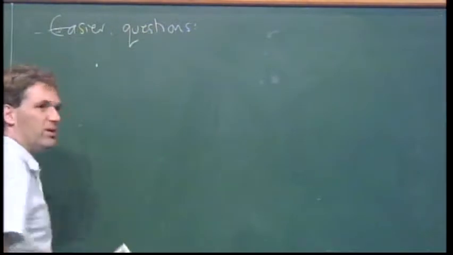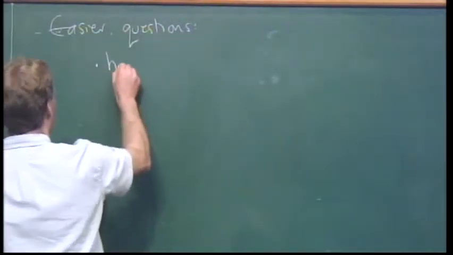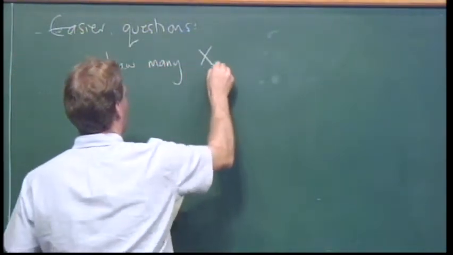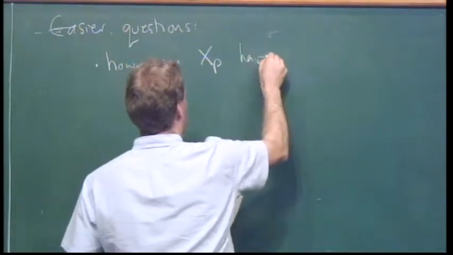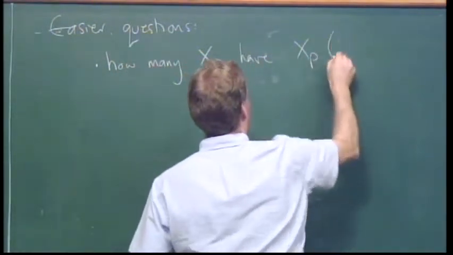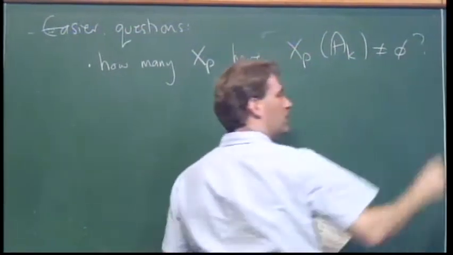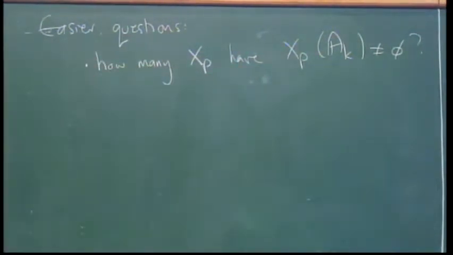We might ask, rather than being globally soluble, how many fibers are everywhere locally soluble, so have points in every completion of K. How many X_P have X_P(A_K) non-empty? So that's a sort of local question.